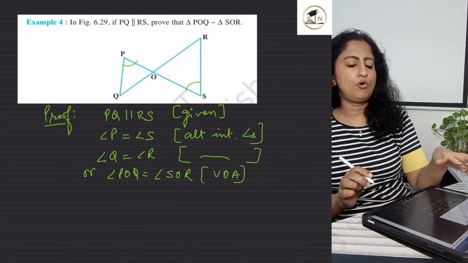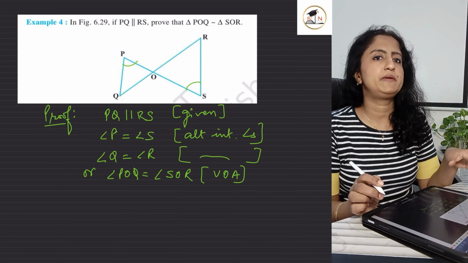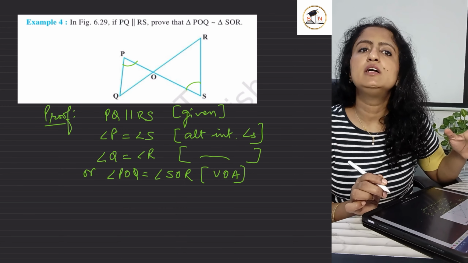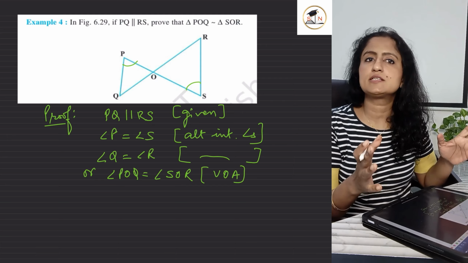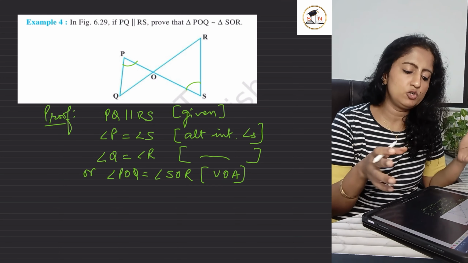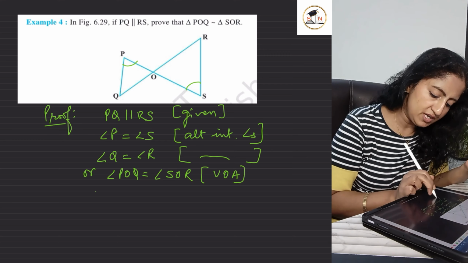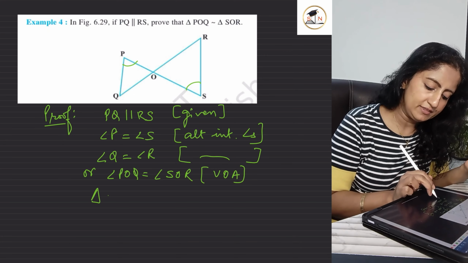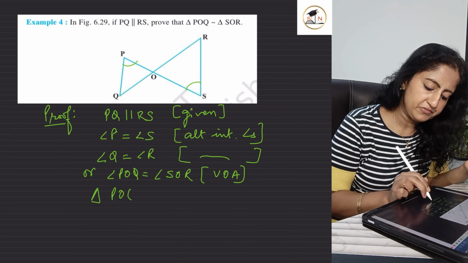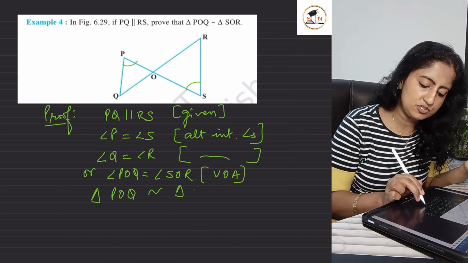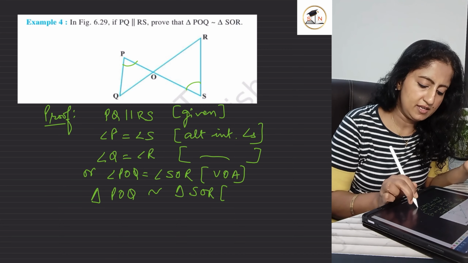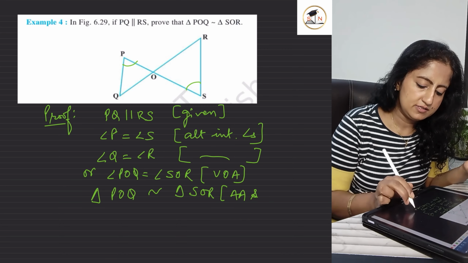I have given you all three angles equal with their respective reasons, right? So the choice is completely yours. And what do we get? All three of our angles are equal. So easily we can claim that triangle POQ is similar to triangle SOR by AA similarity.